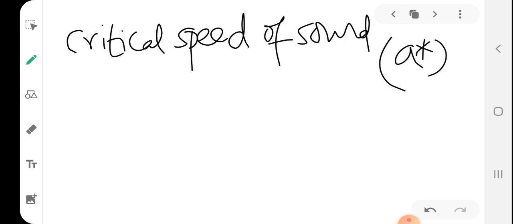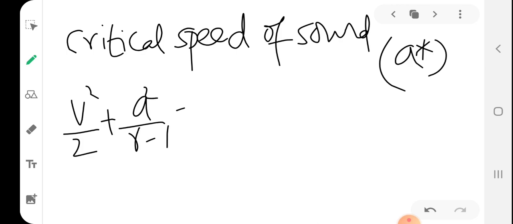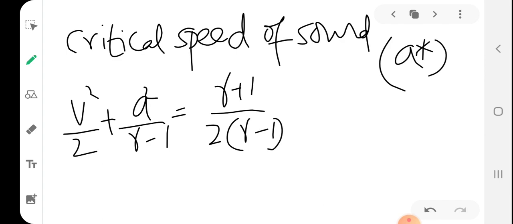What was the expression relating a star with the other V and a? You can write it as V square by 2 plus a square by gamma minus 1 equal to gamma plus 1 by 2 gamma minus 1 into a star square.